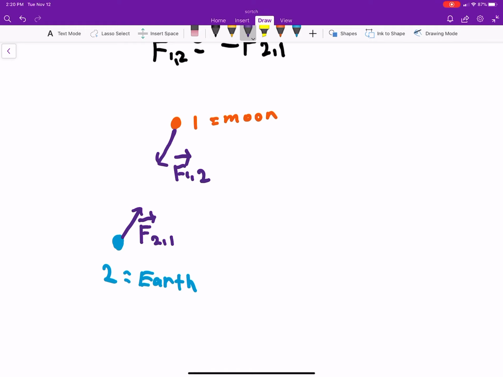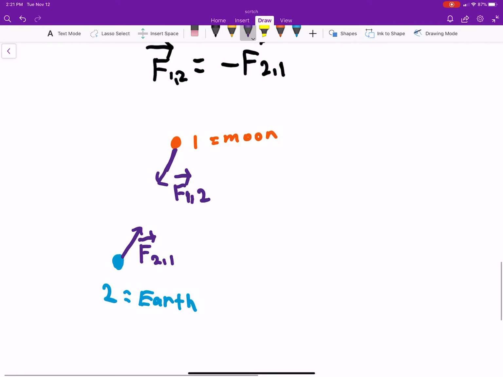The force on 1 exerted by 2, the force exerted by 1 onto 2, or however you want to think about it. The important thing is we see that the moon is going to be pulled towards the Earth, right? And the Earth is going to be pulled towards the moon.